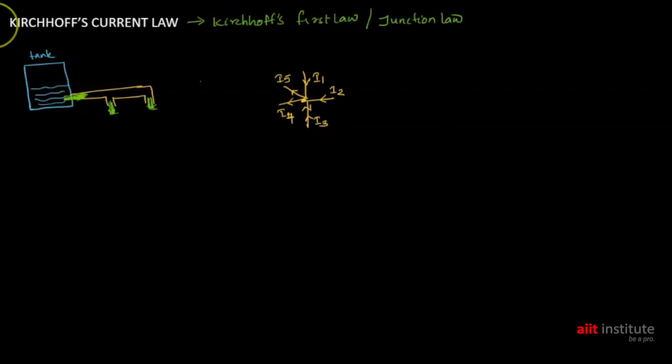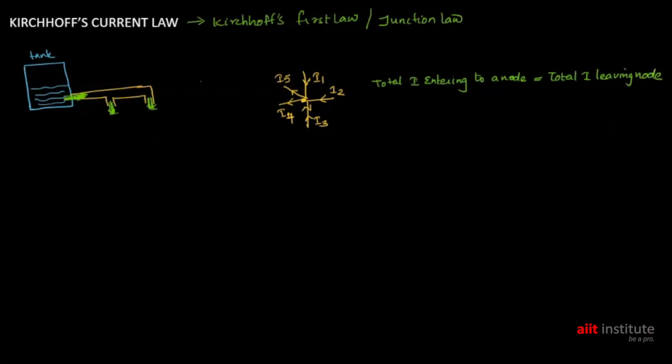So Kirchhoff's current law says that the total current entering a node or junction is equal to the total current leaving from the node.